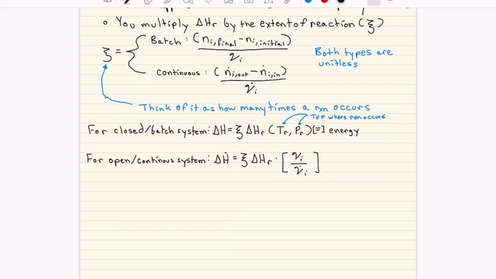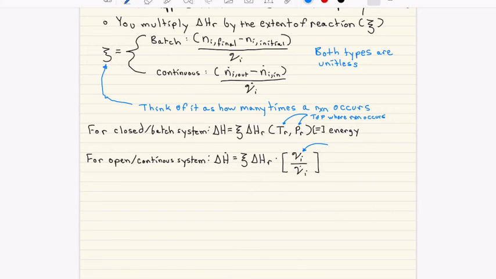You'll see in the book they go through the formal definition of it, but the reason we write this is we want to get the units to match. On the left-hand side, we have a delta H dot, so we're looking at an energy per time. But the product of the extent of reaction and delta H of R just gives us energy, like we see for the closed system.